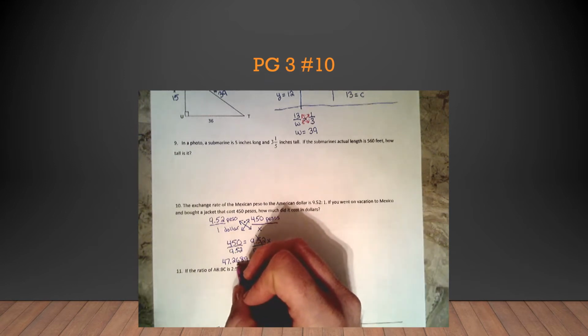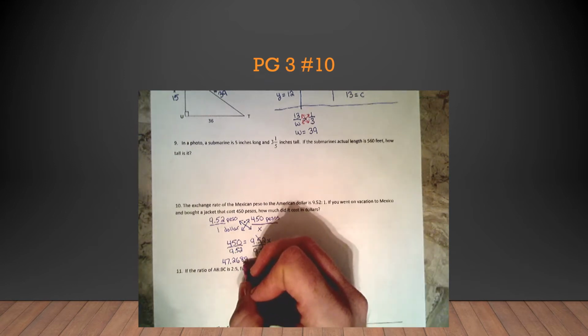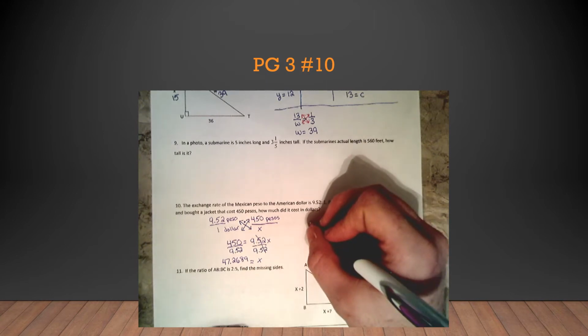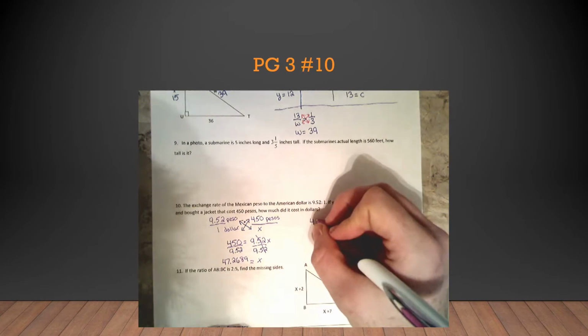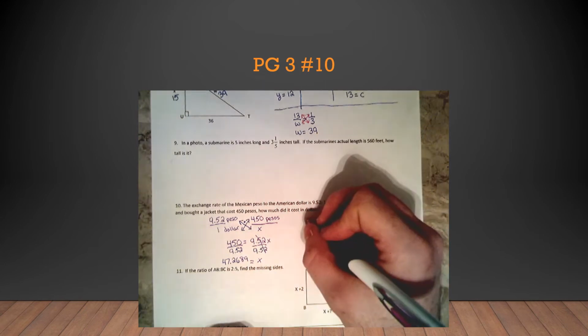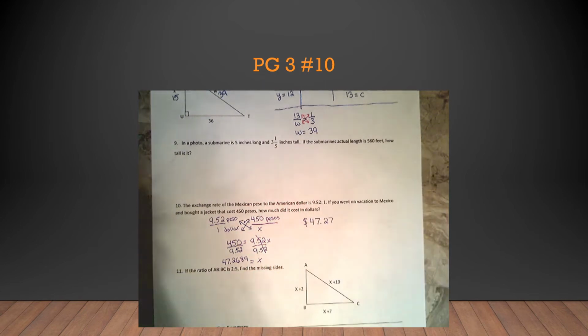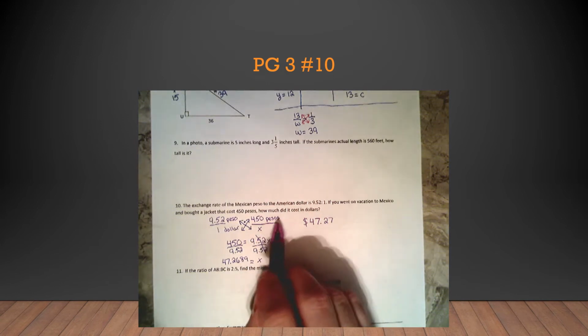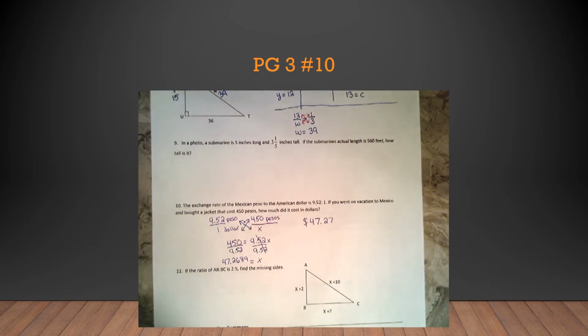Now, the number next to the 6 is an 8, so it's 5 or higher. That means I'm going to have to round up. So my answer would actually be 47.27. So $47.27 is how much that jacket cost in dollars.